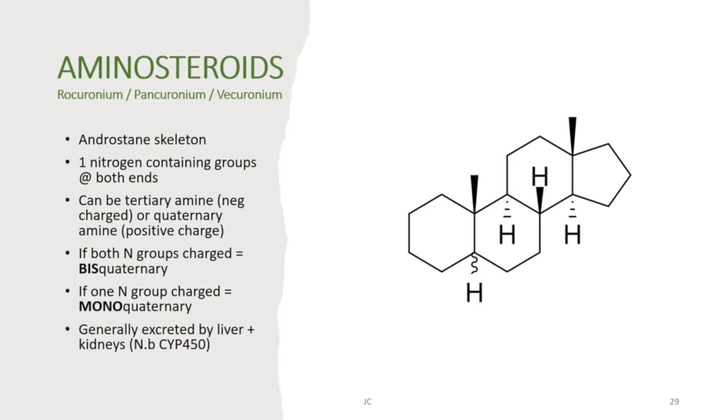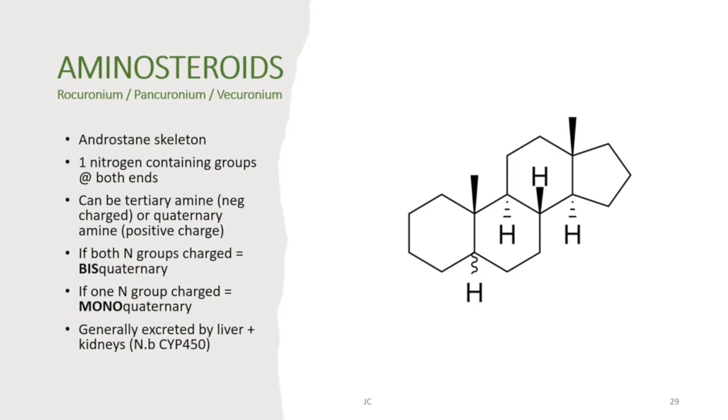The tertiary amine has 3 hydrogen bonds and is therefore negatively charged, where the quaternary amine has 4 hydrogen bonds and is therefore positively charged. The importance of this is it affects its metabolism. So the negatively charged amines are more secretable in your bile and undergo liver excretion.